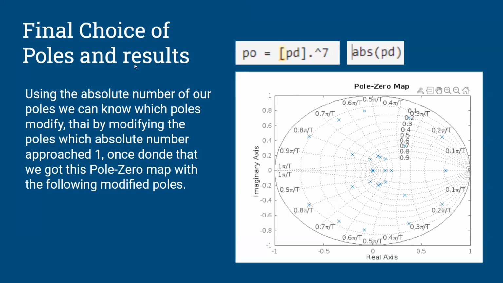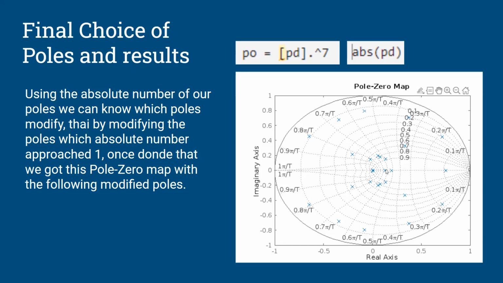So for our final choice of poles and results, this is the final pole zero map. To approach these poles to the origin of our circle, we use the power line of code to raise the coordinates of our poles to the 7th power.